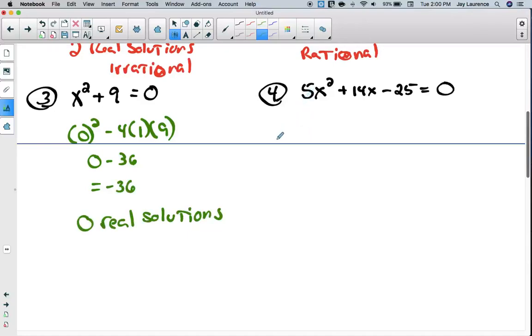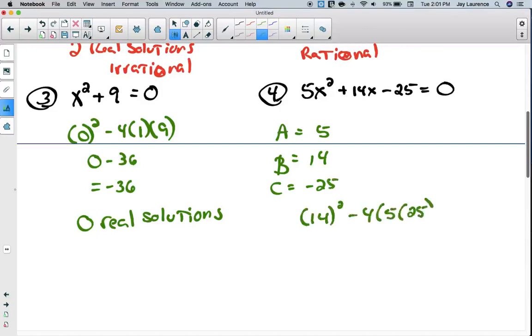And finally, number 4, let's see, A, B, C. Easy as 5, 14, negative 25. And so, 14 squared minus 4 times A times C. That's my negative there.